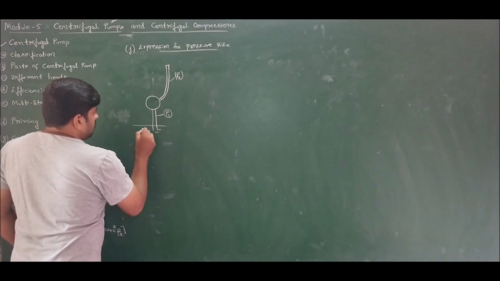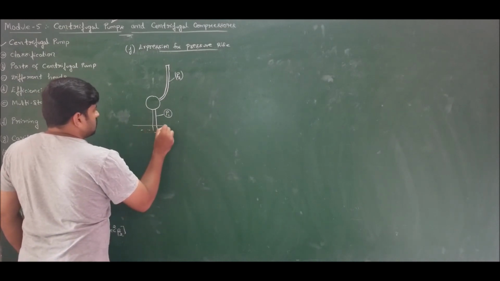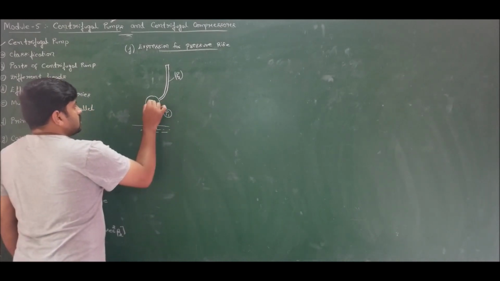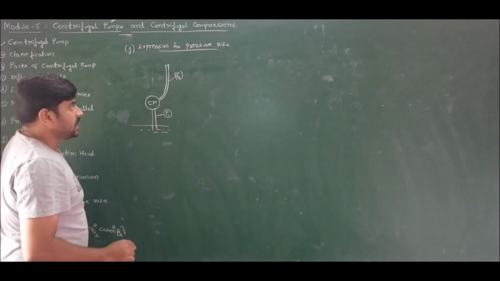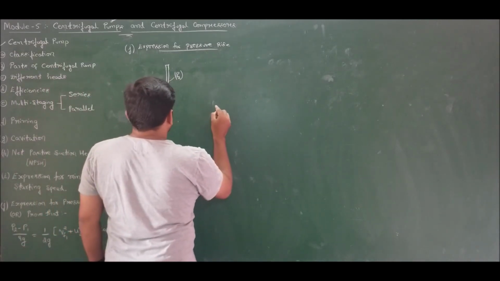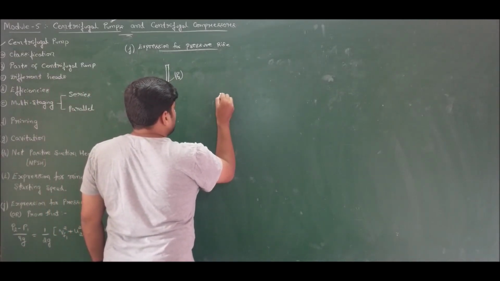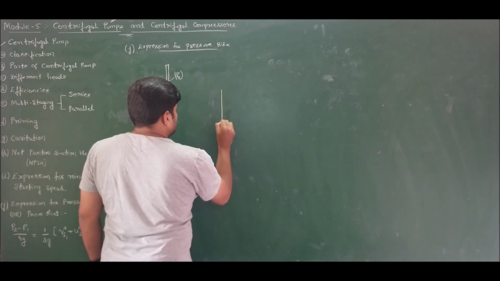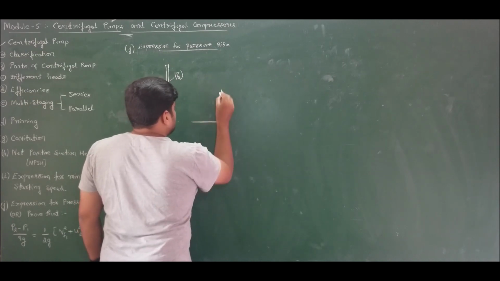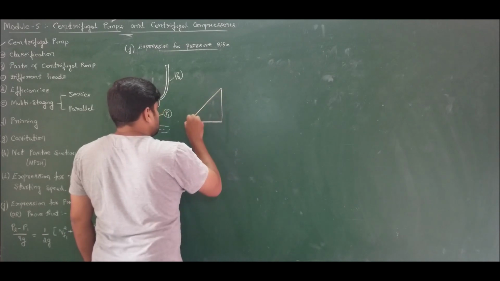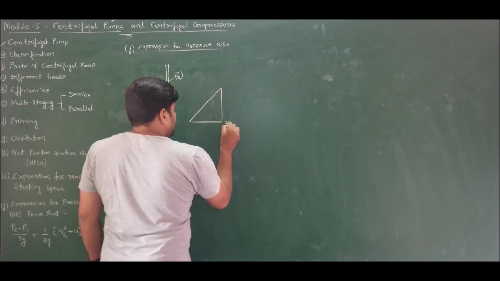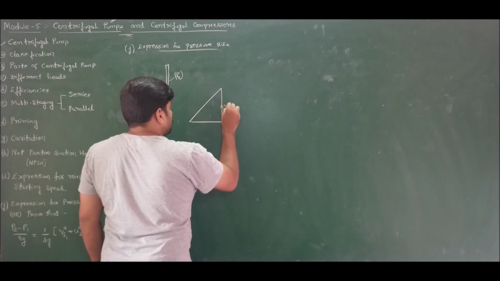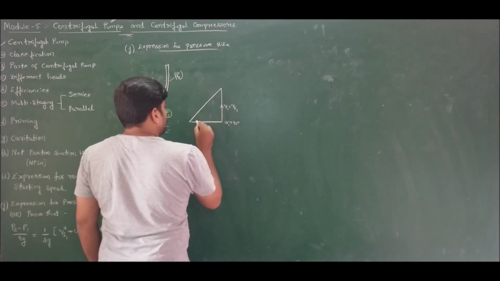Now for a centrifugal pump, if I write the general velocity triangle for power absorbing turbomachines, as I said, the inlet velocity triangle is a right angle triangle, with water entering radially, hence V1 is equal to Vf1.